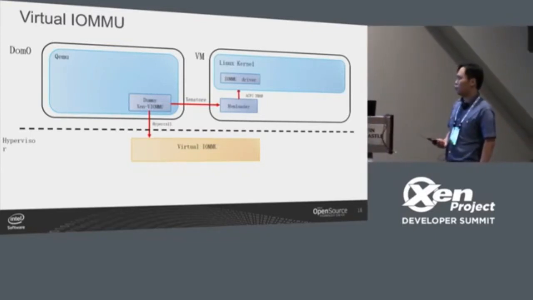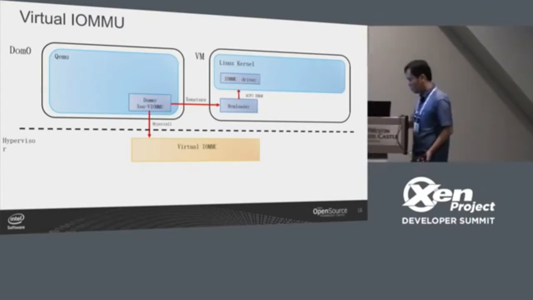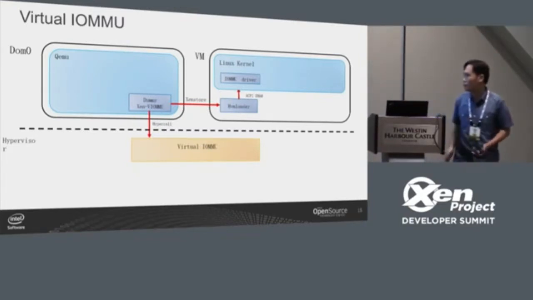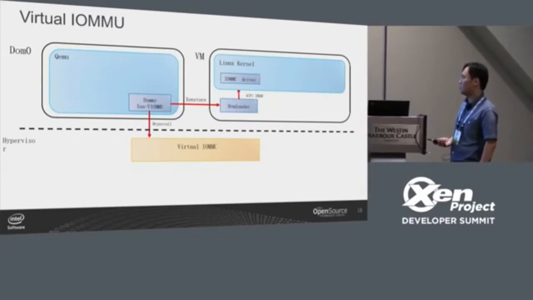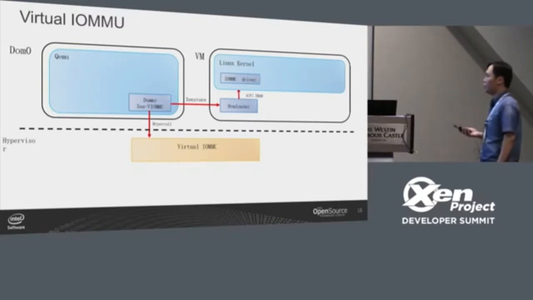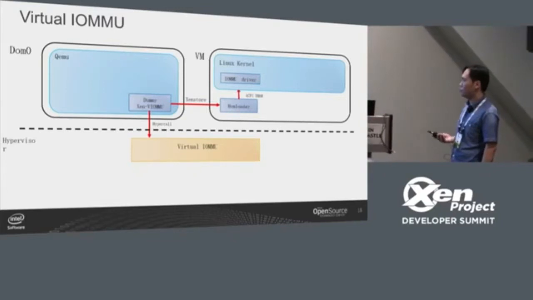In our design, there are two parts. One part is the virtual IOMMU device model, which will be in the Xen hypervisor. Another part is the virtual IOMMU device model in the QEMU, which works as a hypercall wrapper. When a VM is created, it will create the virtual IOMMU in QEMU first.